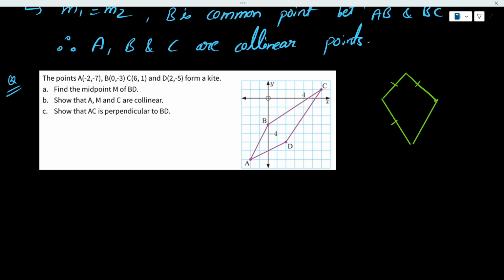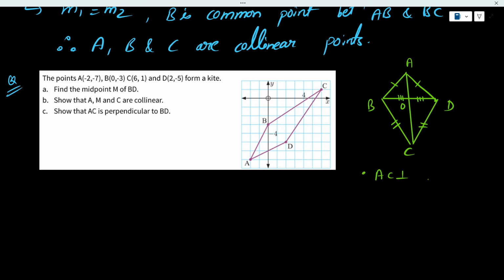Adjacent sides are always equal, and the diagonals are perpendicular, not perpendicular bisectors. Only one diagonal is getting bisected here. So if ABCD is a kite, this part will be equal to this. So O is the midpoint of BD. You need to remember these properties.